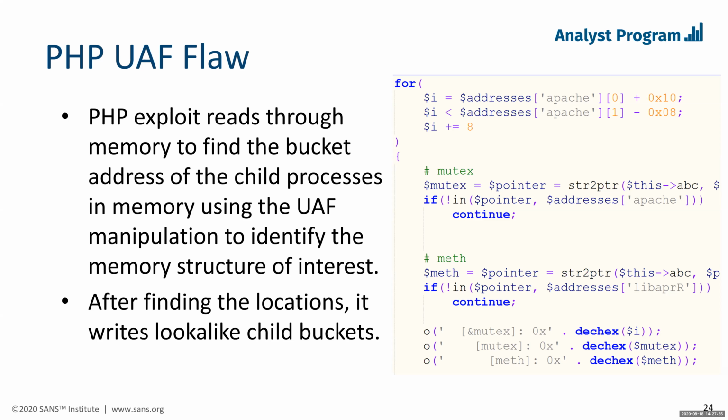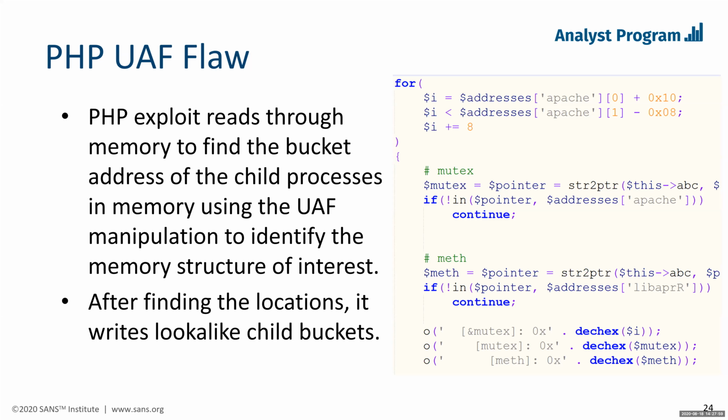So what the use after free exploitation is going to do is find a whole bunch of buckets in the locations in the shared memory, and then it's going to create a whole bunch of lookalike child buckets in order to make it so that the exploit will probably work when the server gracefully restarts.